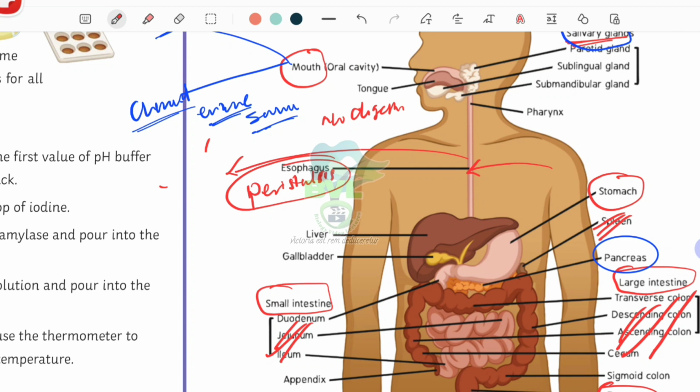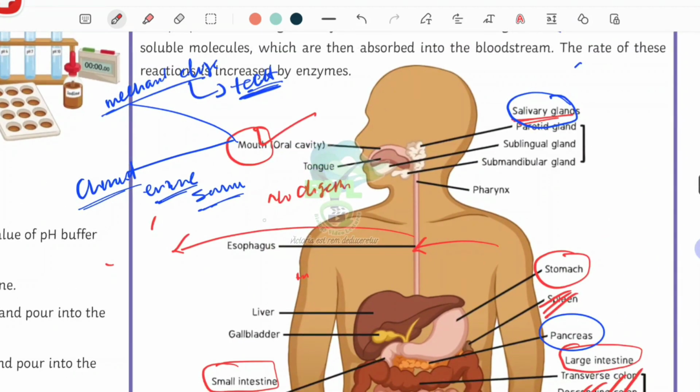Peristalsis is just a wave-like movement of contraction and relaxation along the alimentary canal. So we are done with the mouth and esophagus.